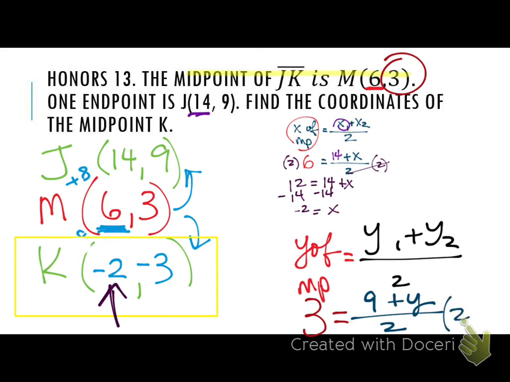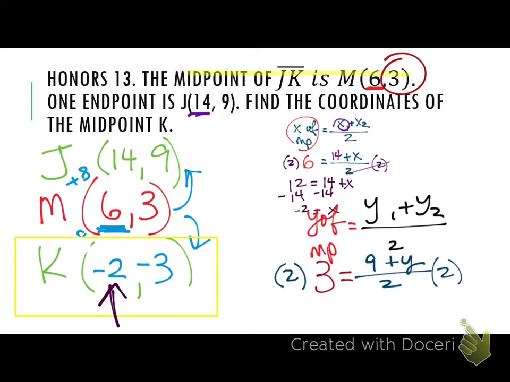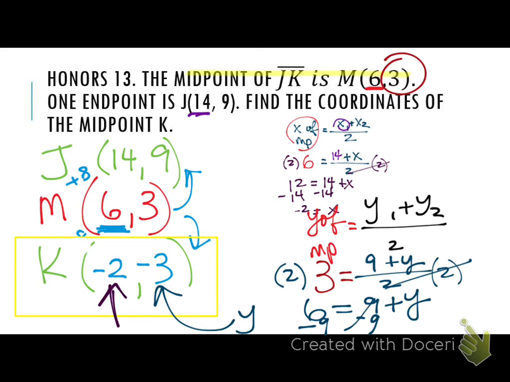Multiply by 2. What's 3 times 2? 6. So 6 equals 9 plus Y, subtract 9, and Y would equal still -3. So either method you get the same answer. It's (-2, -3).